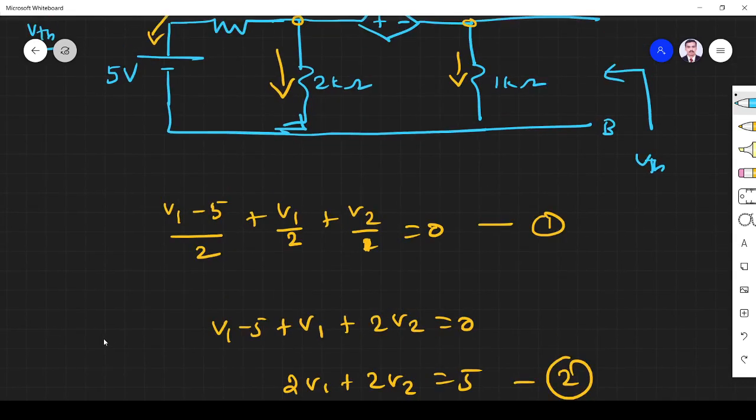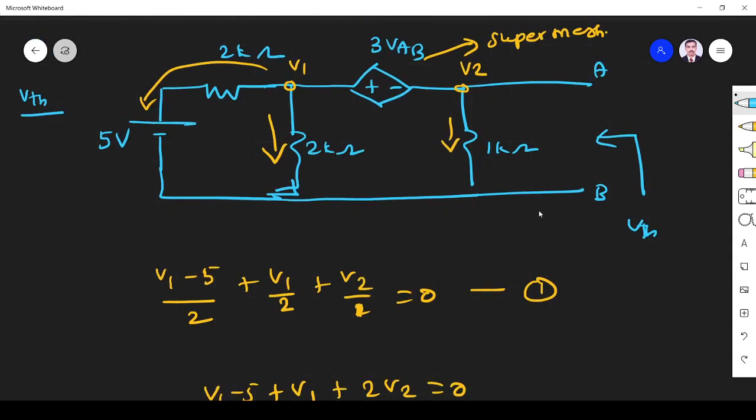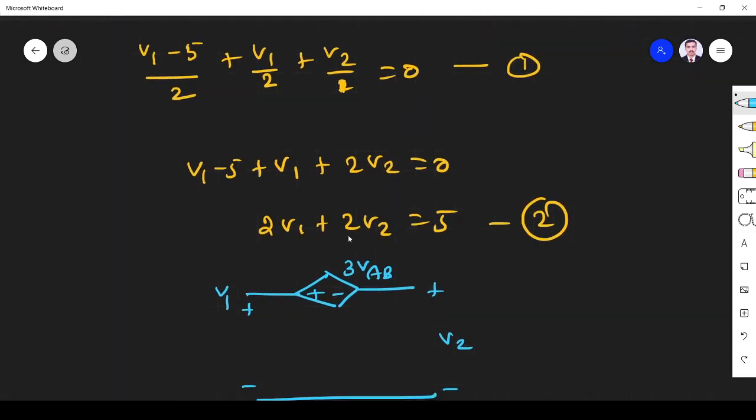So I assume this is V2, which means VAB, the voltage across AB, is also V2. So VAB is equal to V2, because the voltage across the 1 kilo ohm is in parallel, so the voltage is the same. So 3 VAB is nothing but 3 V2.